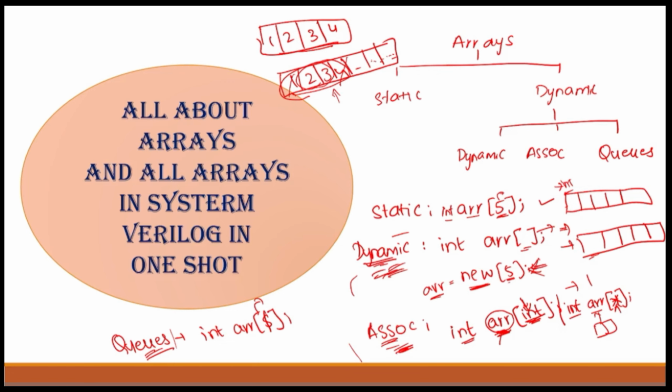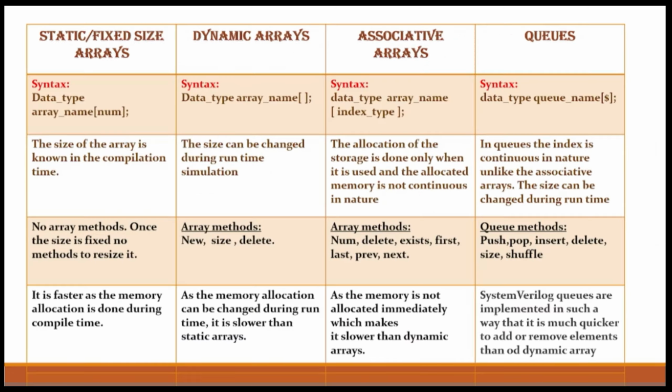Hope you got a clear idea on all these array declarations. Now let us see the main differences between all of these. Since you already know, this is the syntax: data type, array name, number. Similarly for dynamic array, data type, array name, without a number, you use a normal square bracket with a space.